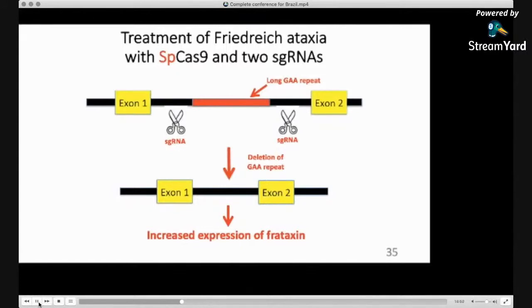This long repeat reduces the expression of the frataxin gene, leading to neurological problems and cardiac problems. We have thus used the CRISPR-Cas9 technology and generated single guide RNAs able to cut in intron 1 before and after the trinucleotide repeat, leading to its removal and increasing the expression of frataxin.